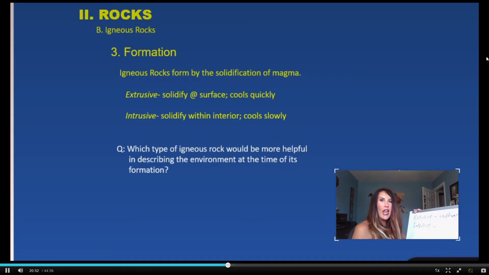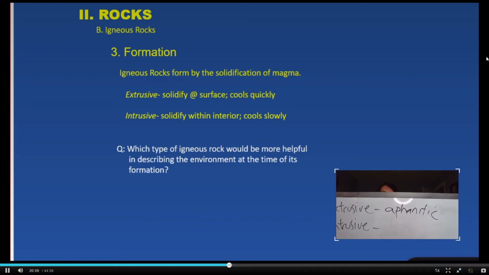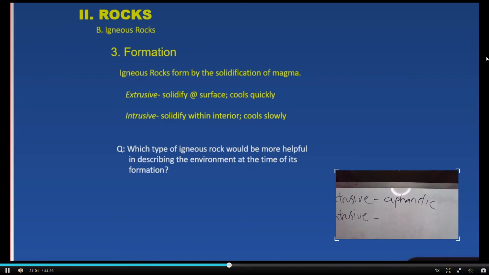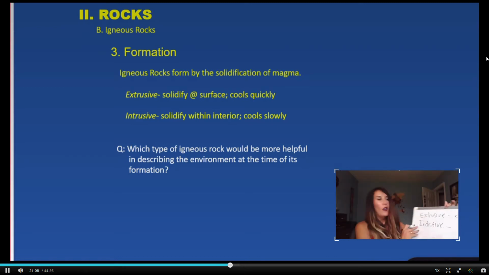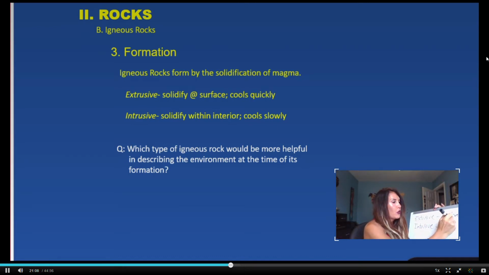It has an aphanitic texture, which means that those individual grains are going to be small, less than 1 millimeter in size.